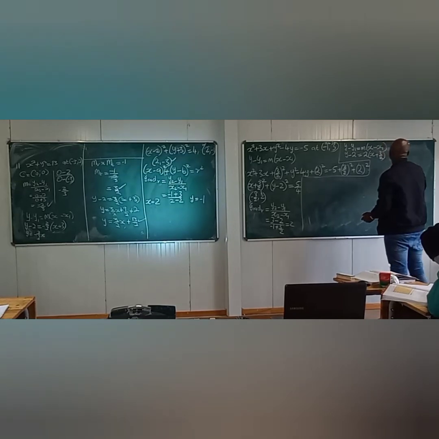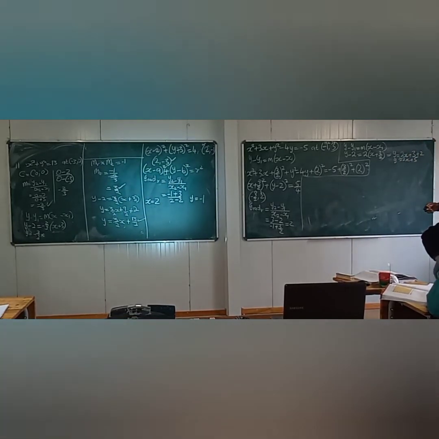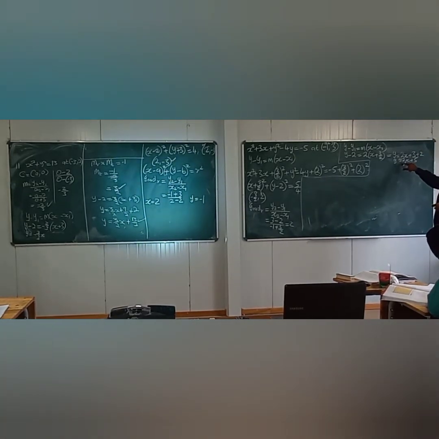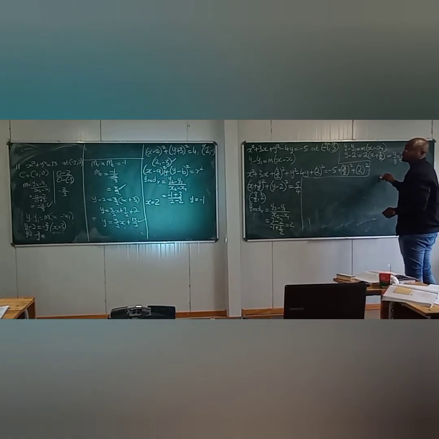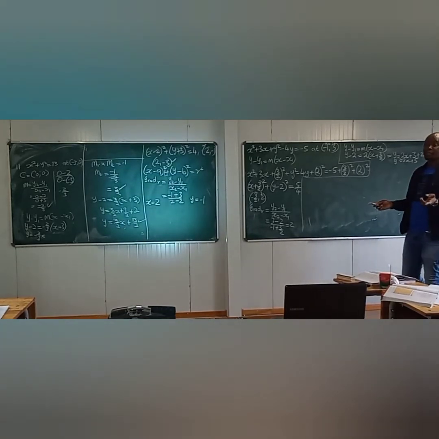Now let's make y the subject: y equals 2x plus 3, plus 2, which gives y equals 2x plus 5. This one is for the normal. Now let's find the one for the tangent. We take the negative reciprocal of the radius's gradient, so the tangent's gradient is negative 1 over 2, because when we multiply the two gradients we get negative 1.